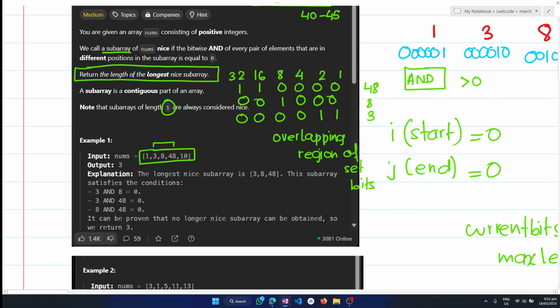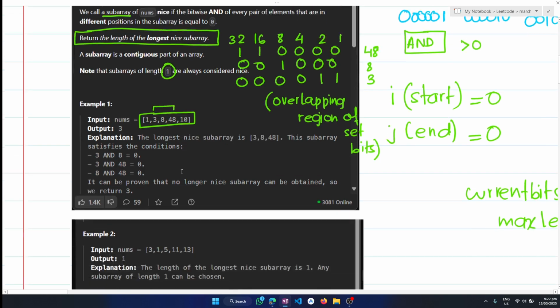So for example, if I AND 48 and 8, I'm going to get a 0. Why? Because 1 and 0, 1 and 0, 1 and 0. The rest of them are 0, obviously. If I AND 8 and 3, 1 and 0, 1 and 0, 1 and 0, and the rest of them are 0. So this is as simple as it is. One very important piece of information for two numbers to give you an AND of 0 is that they shouldn't have an overlapping region of set bits.